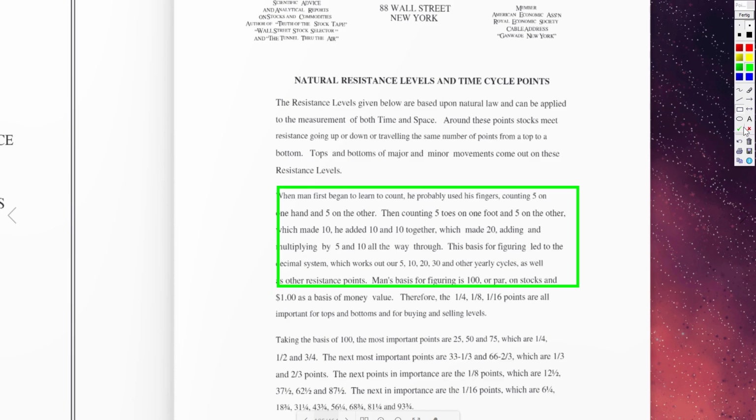Rather, you can say it is more using 100 here. So this is what comes to my mind: 100. Man's basis for figuring 100, dot dot dot, 100 as a basis of money value.